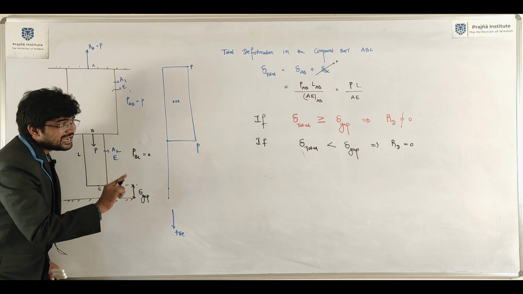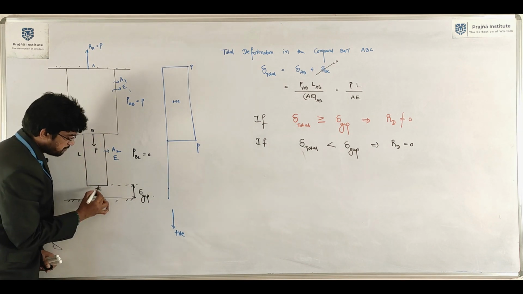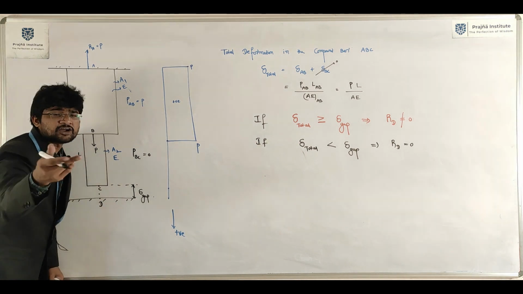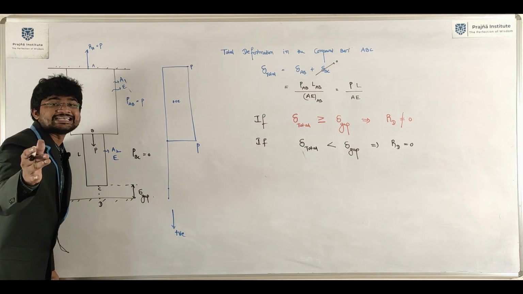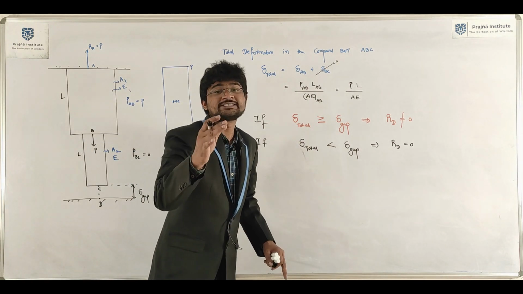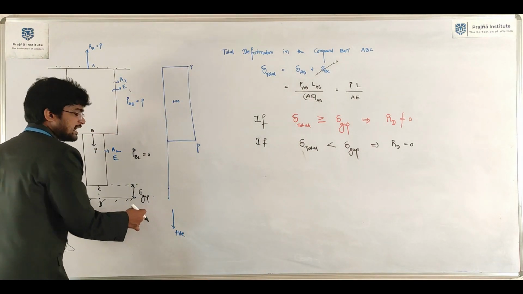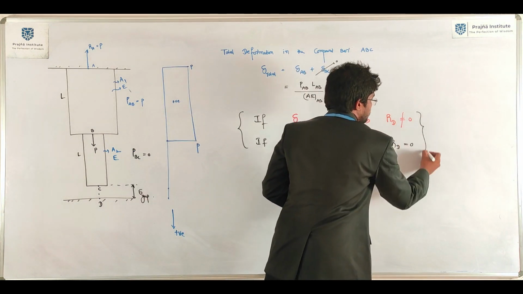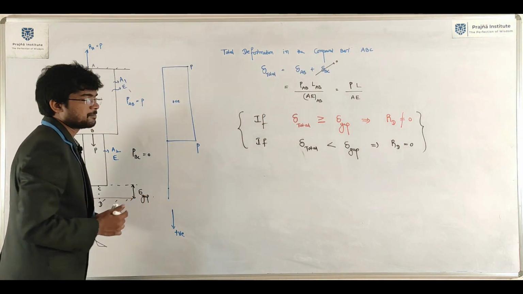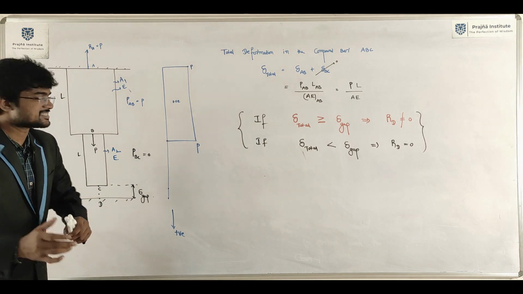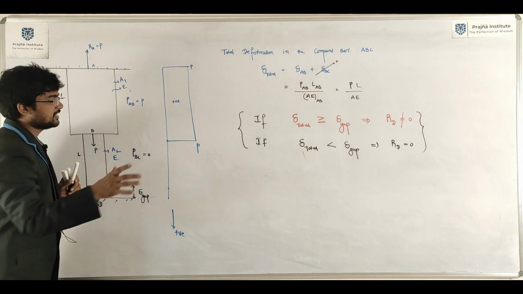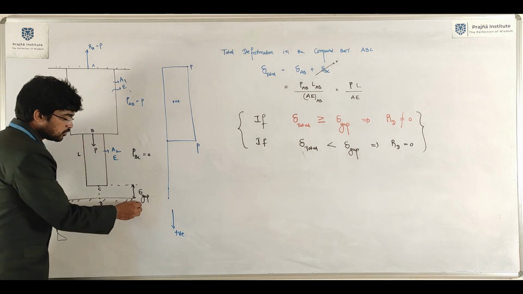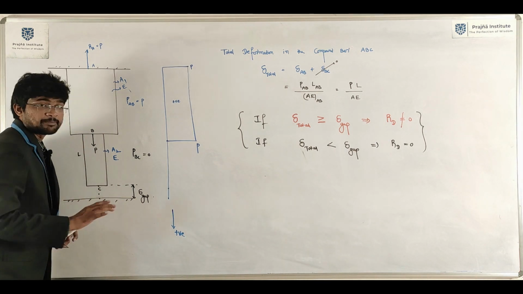Delta total less than delta gap means point C will come here, point C is not at all touching point D. In that case, there is no question of support reaction here. So these two conditions are very important to solve delta gap problems. After seeing this question, immediately draw the axial loading diagram for the corresponding figure. Don't think about the fixed support.